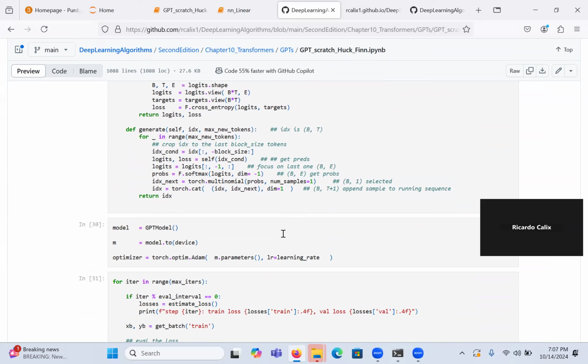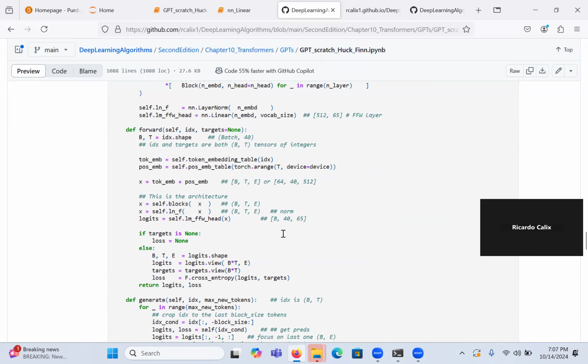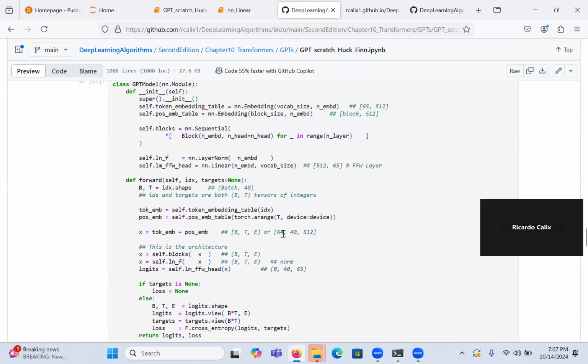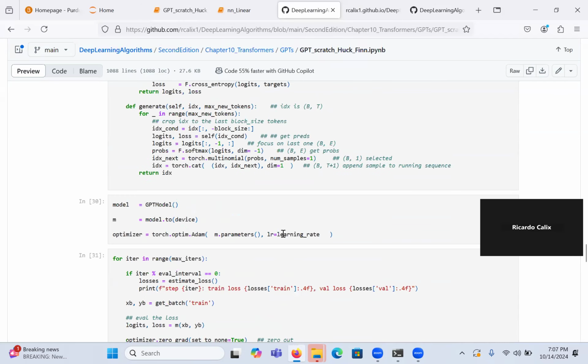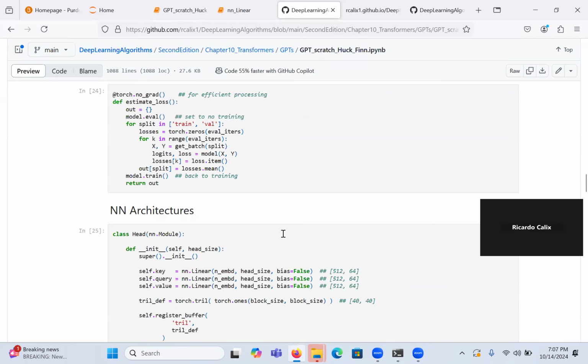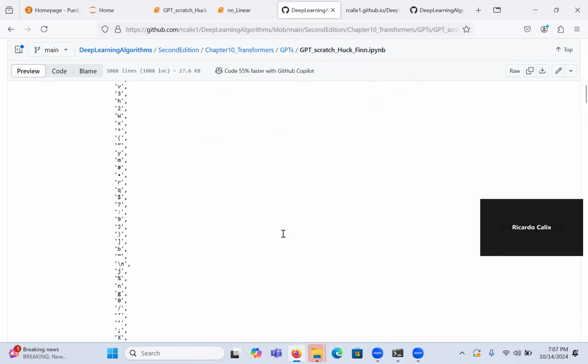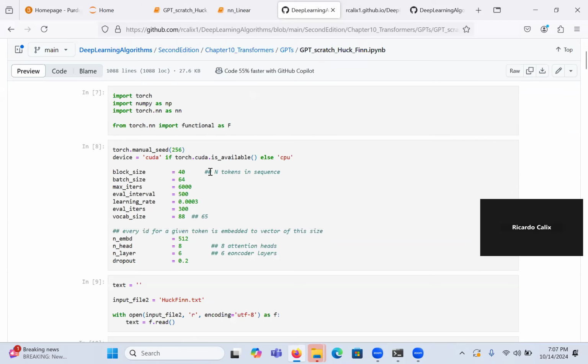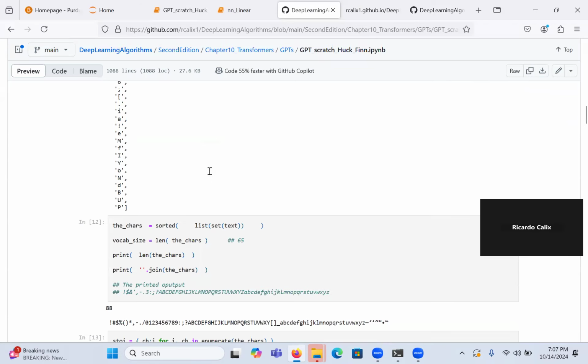Let's see. So crop IDX to the last block size tokens. Block size is 40, right? Let me see here. It's one of the parameters that I think are global variables. Yeah, block size is 40. So this is an indexing.